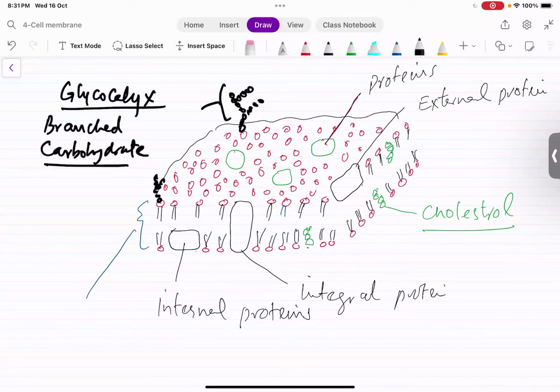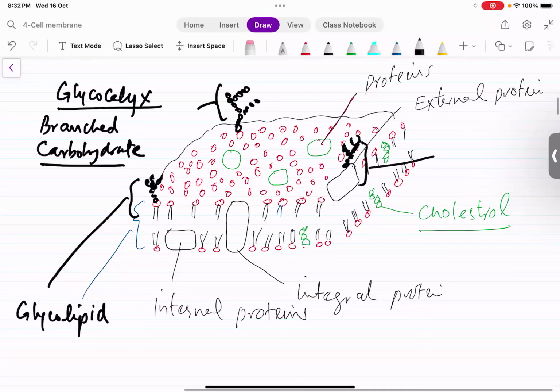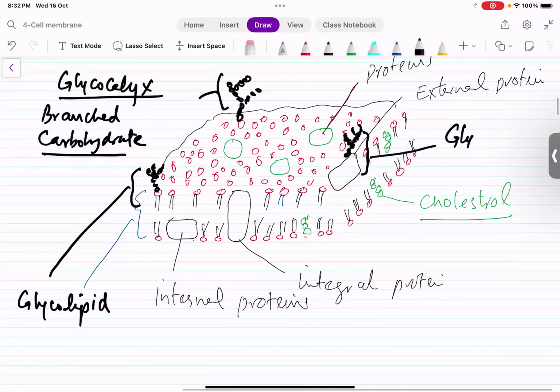If it is attached with a phospholipid, then this whole molecule is known as glycolipid. And if it is present with this protein here, so this is a protein and a branched carbohydrate is attached with it, then this whole structure is known as glycoprotein.